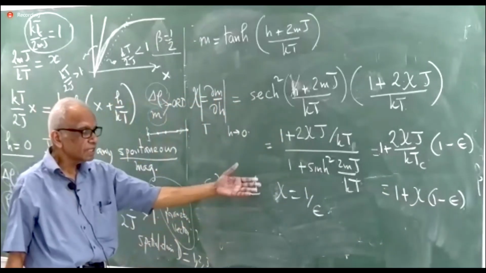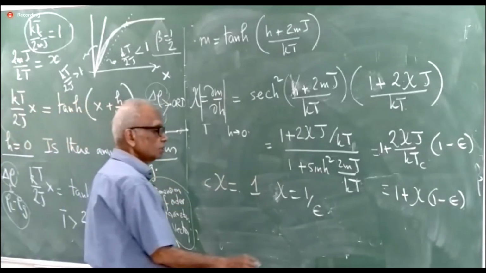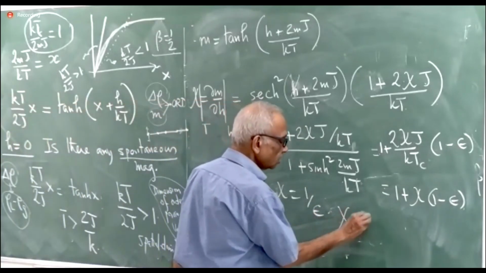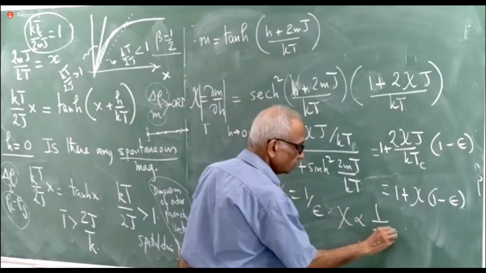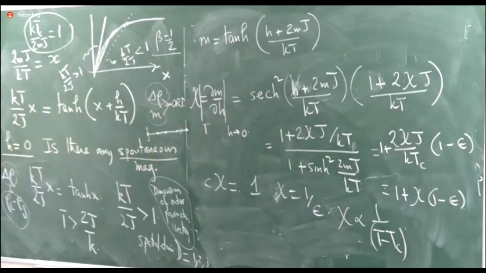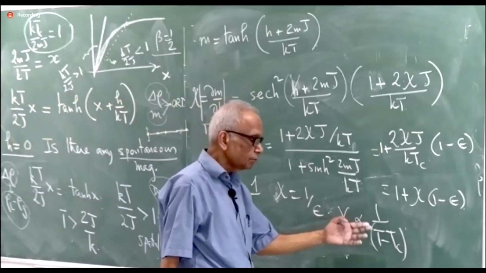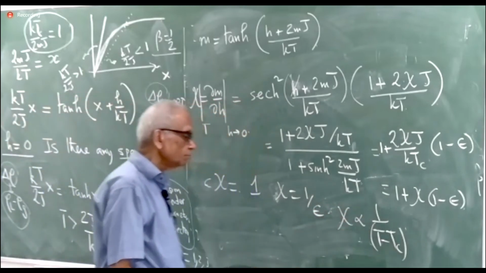And so that is the divergence of the isothermal susceptibility, chi proportional to T minus Tc to the power of minus 1. Once again, absolutely similar to the van der Waals gas, where the isothermal susceptibility was proportional to 1 over T minus Tc.